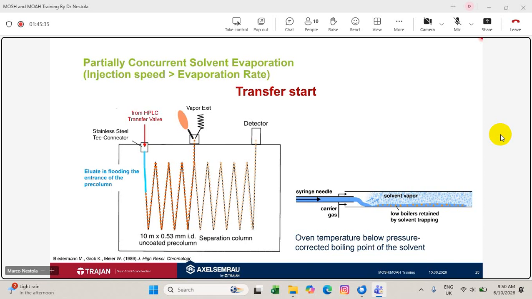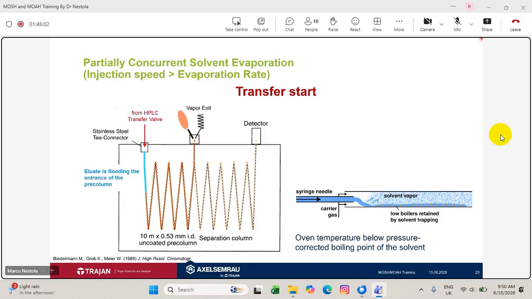The oven temperature is below the boiling point of the solvent, which means we are getting a liquid inside the column. So it's not evaporating 100%. It is evaporating quite a bit, because we have carrier gas, which will dissolve quite a bit of our liquid even below the boiling point.